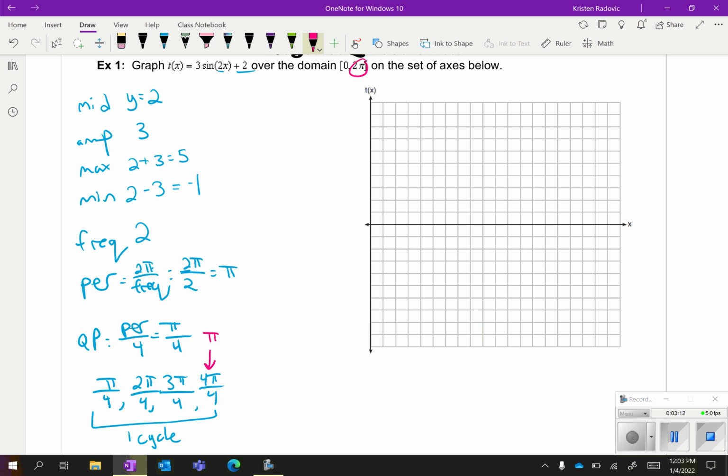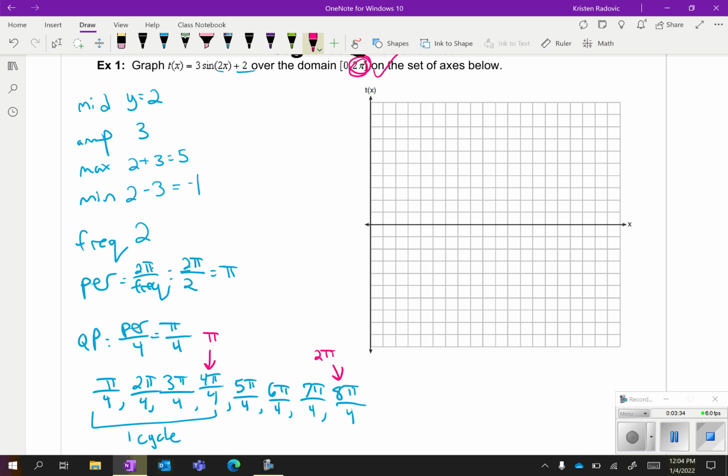So you need to keep going until you reach 2 pi for your domain. That means I'm going to have 5 pi over 4, 6 pi over 4, 7 pi over 4, and when I get to 8 pi over 4, 8 divided by 4 is 2, so this is 2 pi, which is our domain, which is good.